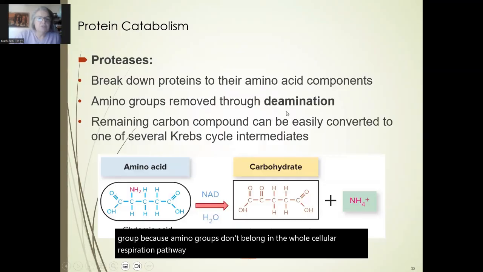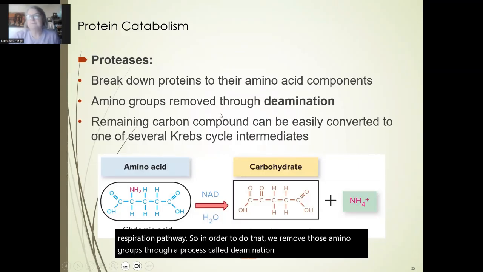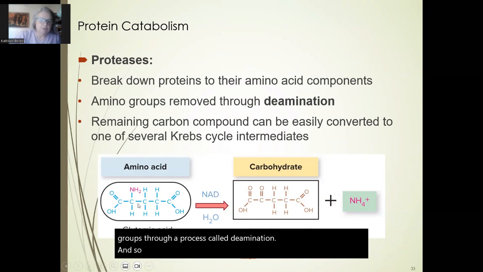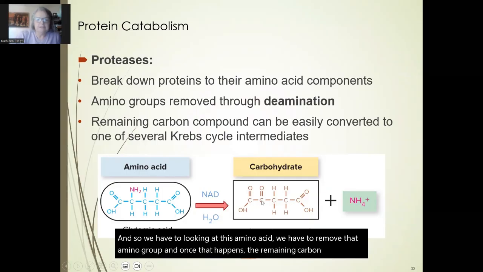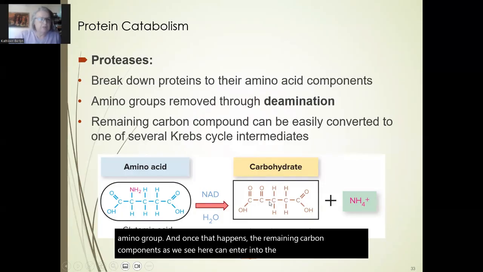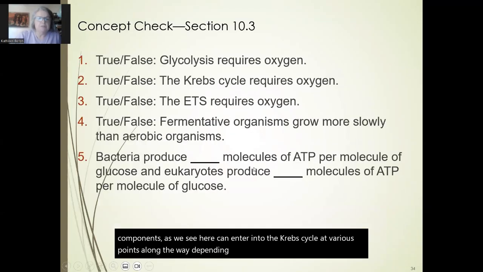So in order to do that, we remove those amino groups through a process called deamination. Looking at this amino acid, we have to remove that amino group. And once that happens, the remaining carbon components, as we see here, can enter into the Krebs cycle at various points along the way, depending on what groups it is.